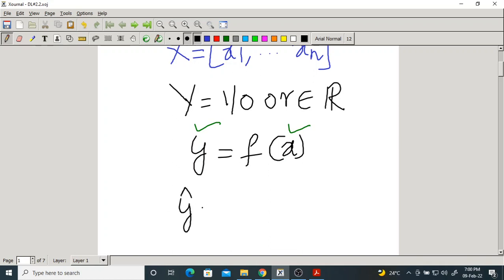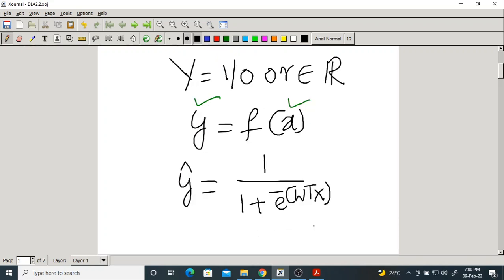y cap. This is the approximation or the prediction. 1 by 1 plus e power minus w transpose into x. Okay. So now we are approximating the output with this function, but with the true function the output is y. This is the real output or true output.